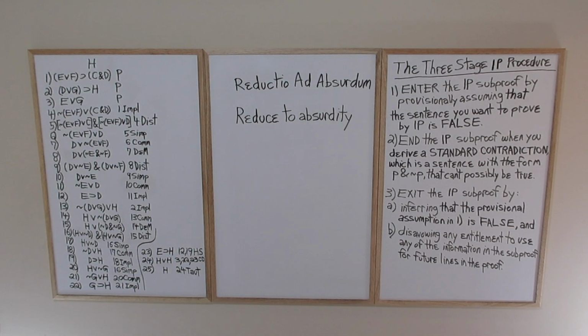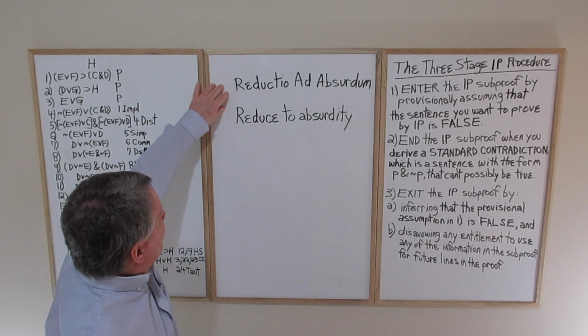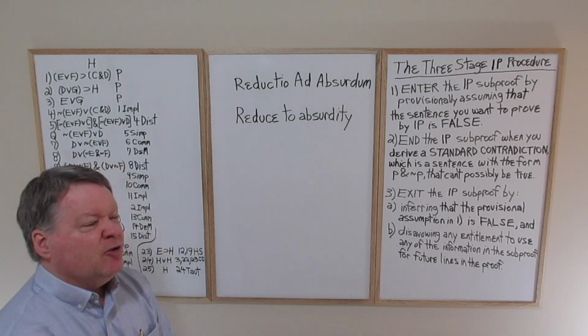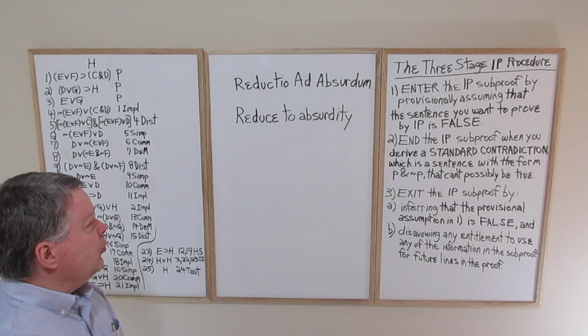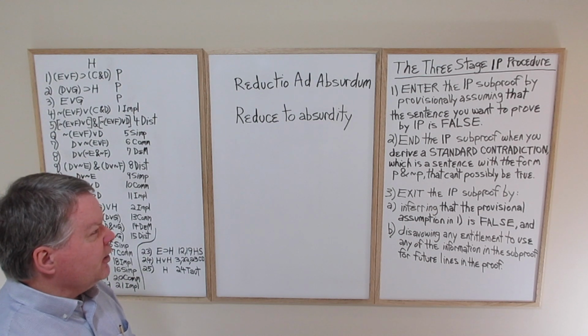The IP subproof procedure is also sometimes called by the Latin phrase reductio ad absurdum, which just means reduce to absurdity or impossibility.